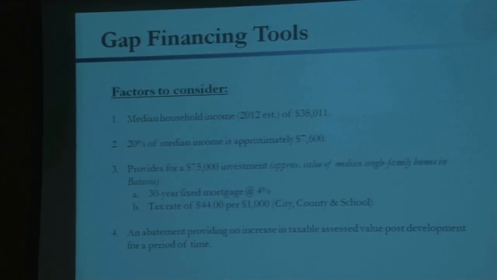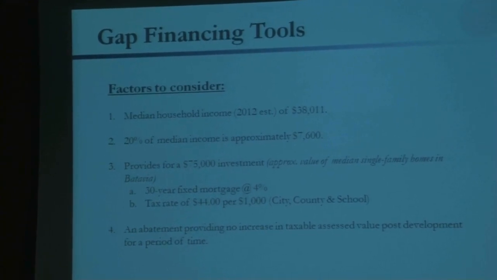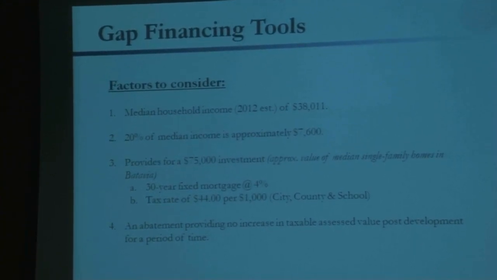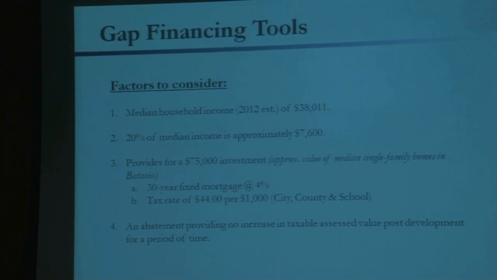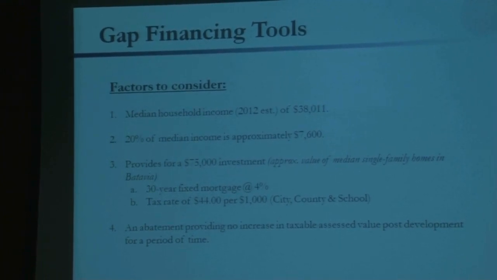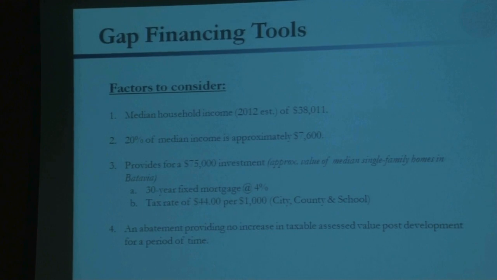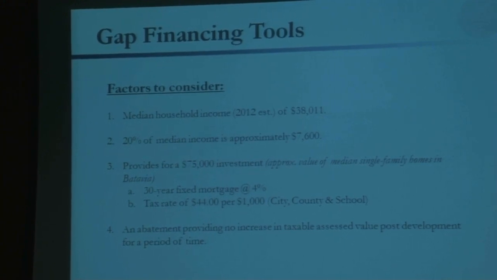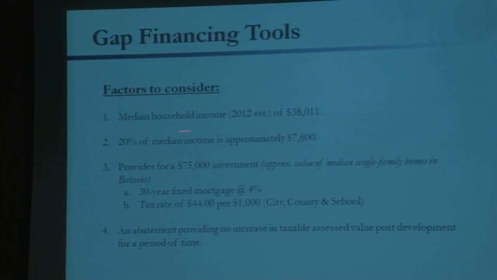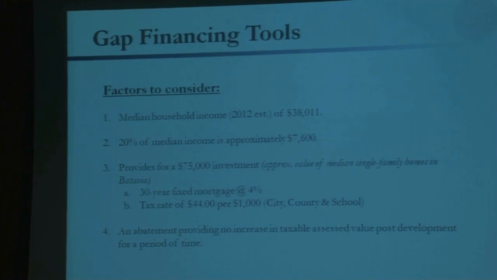So factors to consider. Let's do a little scenario here. I will tell you, I've been working very closely with NICOM on some of this because they're very interested in this type of work. If we take the median household income of the city, which in 2012 was $38,000, and when homeowners buy real estate, they generally look at it from a different perspective than a commercial property.